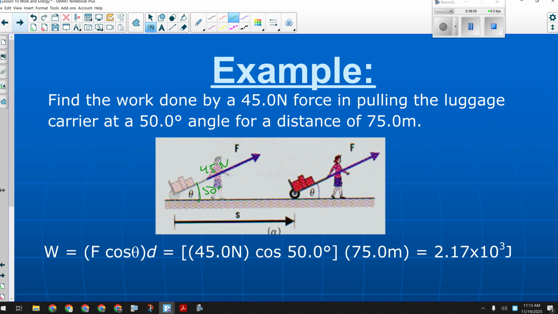How much work is she going to do? F cos theta times d. So our 45 newtons times the cos of 50 degrees times the distance, 75 meters. She is going to do 2,170 joules worth of work.